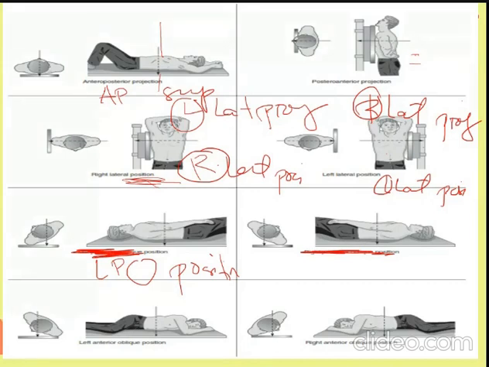So left posterior oblique position. So projection is, when you say anterior, remember the LPO, PA oblique. Yes, very good. So the LPO, the RPO, the LAO, and the RAO, they are all position.